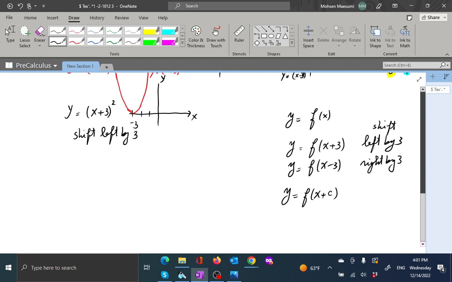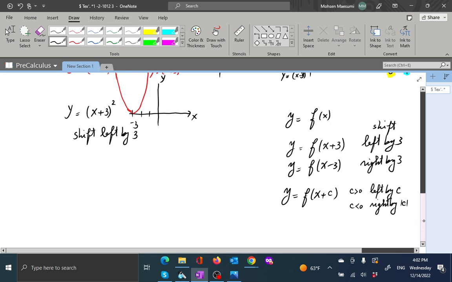If c is positive, we are going to go left by c. If c is negative, we are going to go right by, well, if c is a negative number, you might put it in absolute value to say we are going right by c units, absolute value.